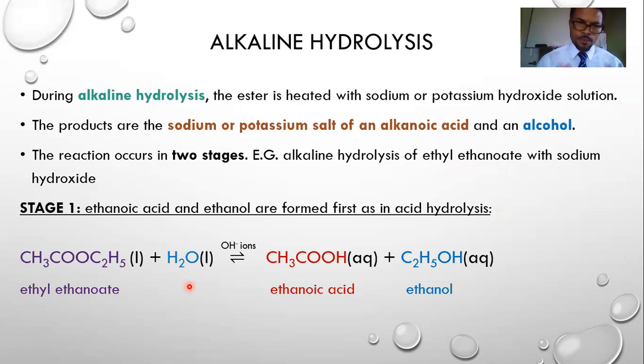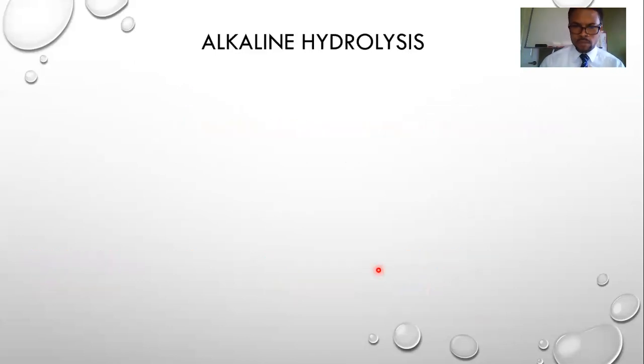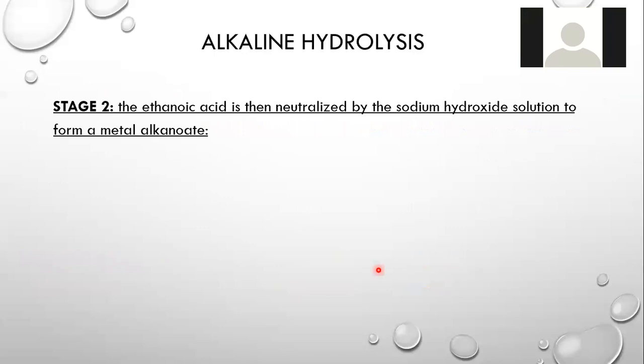So the first part of alkaline hydrolysis is that the water is used to break apart the ester molecule into ethanoic acid and ethanol, but the reaction is not complete. There's a second portion of the reaction. In the second portion, the ethanoic acid is then neutralized by the sodium hydroxide solution to form a metal alkanoate.